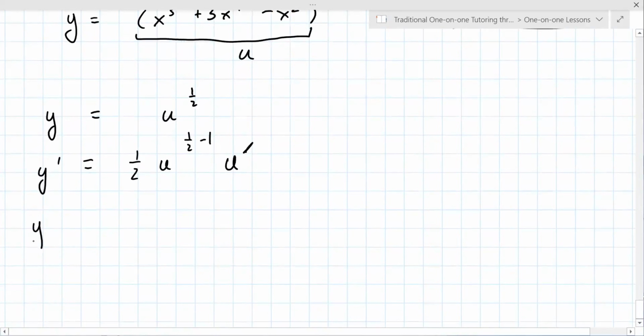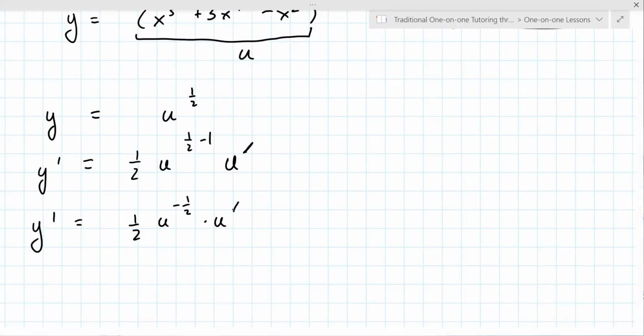So y prime equals 1/2 u to the minus 1/2 times u prime. It always has to be the answer times u prime. Yes, that's everything we're practicing, these u prime problems today.